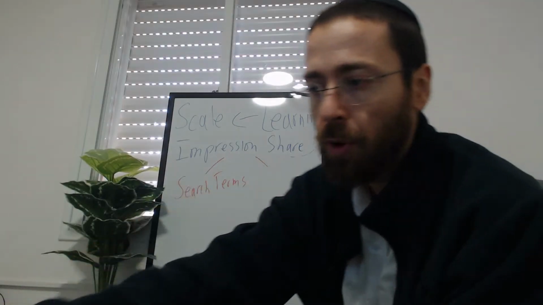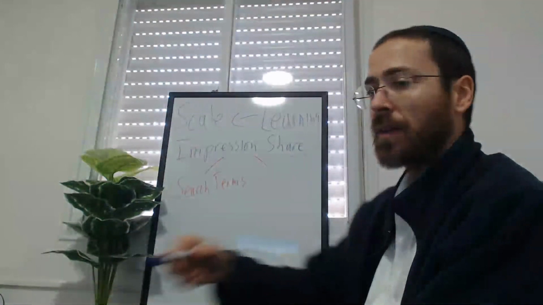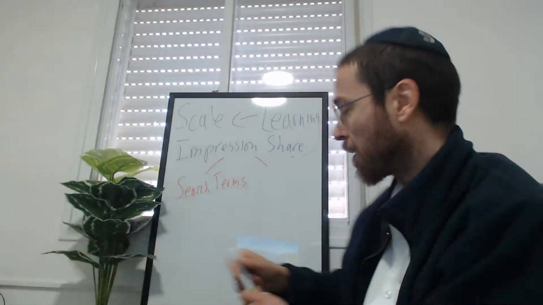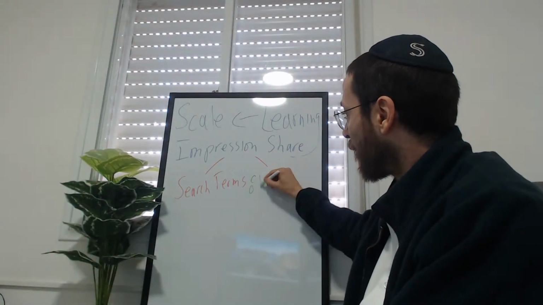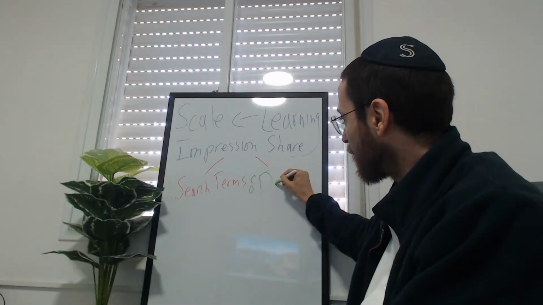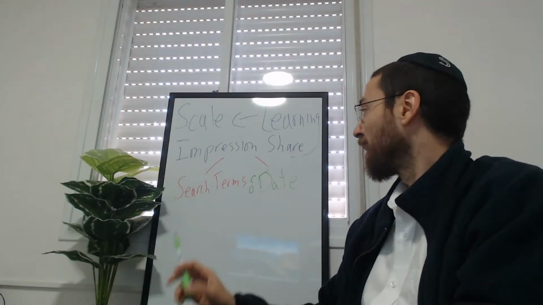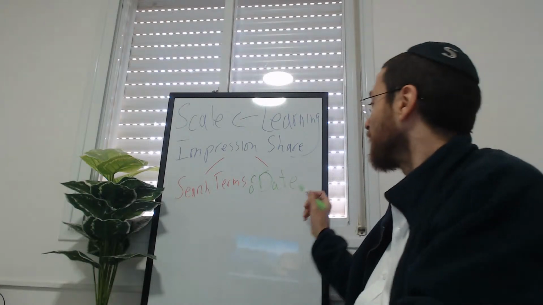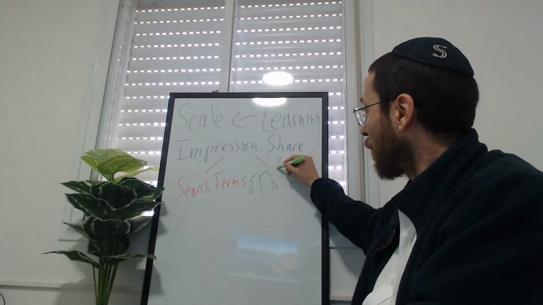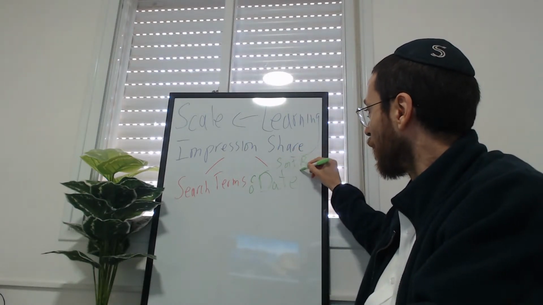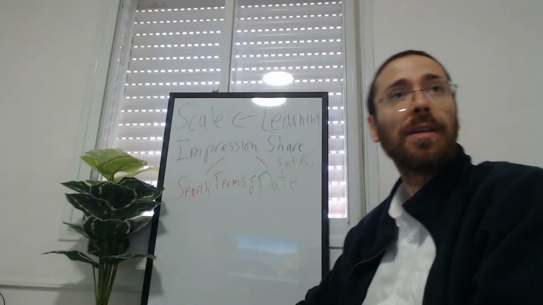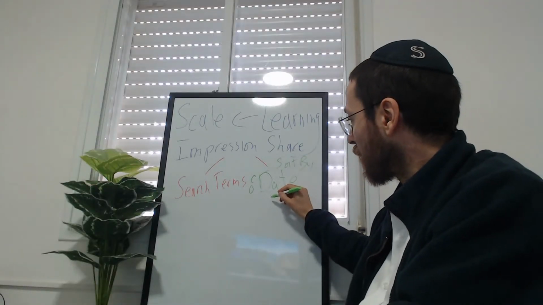But this search term report has a super field in it, which I'm a big fan of, and that is the date field. Okay. What you can do with date is you can sort by date. What is this good for? Okay.